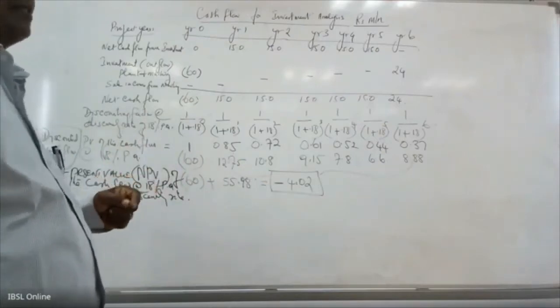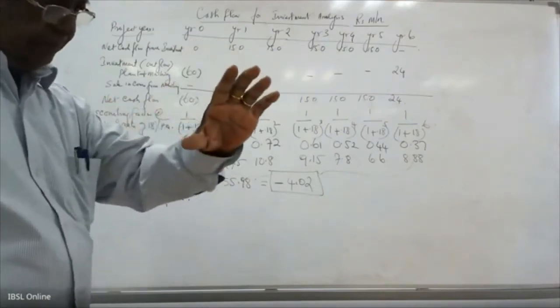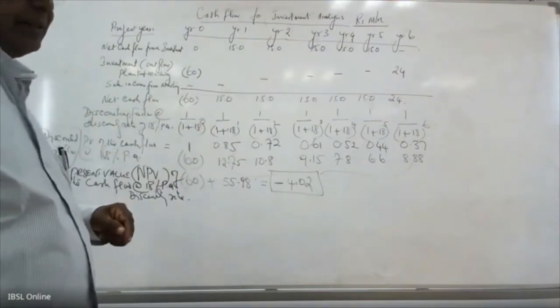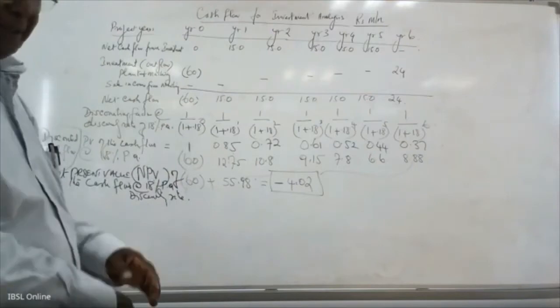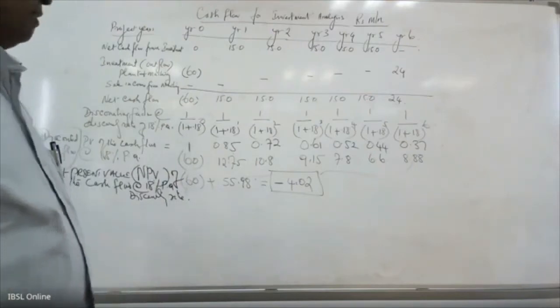So from 18%, if the bank agreed to give it at 13%, 5% less, what will happen? If the bank is willing to give it at 13% interest, what will happen?